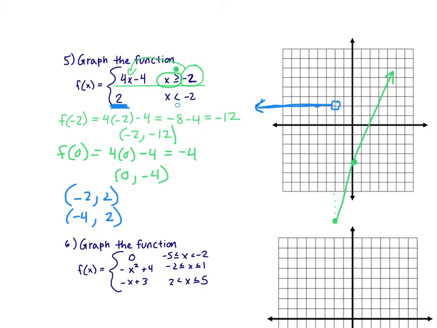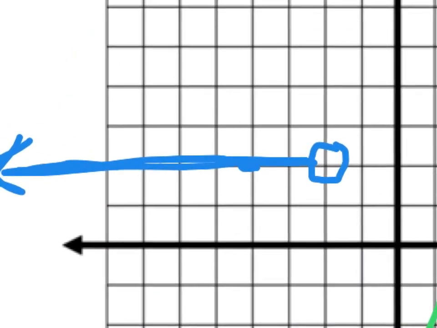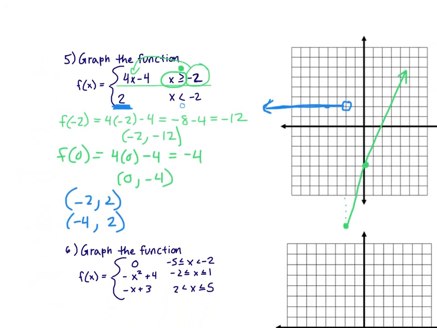You use it just to see where your graph is going to start, but it's not included, so that's why we put the open circle there. So we use it to plug it in, but we use that open circle to show that it's not included. Okay. So we're always going to plug in these numbers that it tells us. Whether it is not included, we're always going to plug it in.